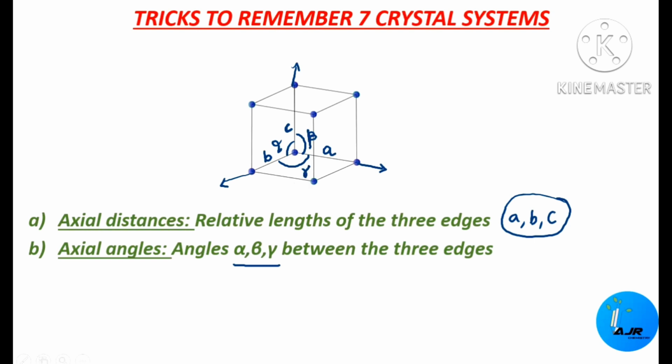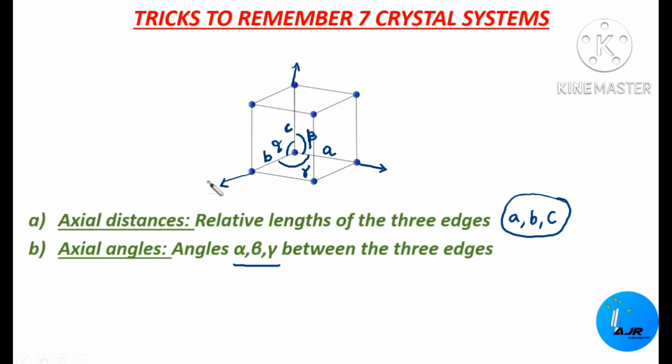So the angle between A and B is gamma, the angle between A and C is beta, and the angle between C and B is alpha. So you should not confuse these angles between the axial distances, because if you get confused, then automatically the tabular column in which we are going to place all these 7 crystals will get disturbed.